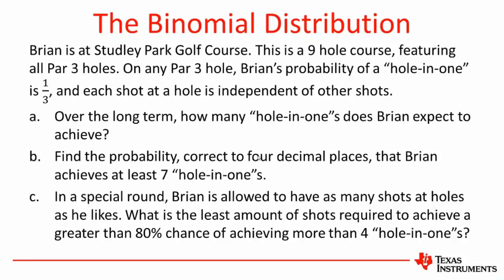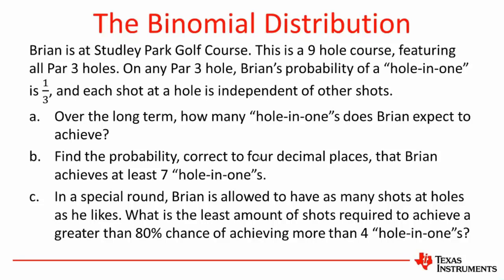So if all the holes are par 3, we can assume, in a first-order approximation, that the probability of a particular success on any of those holes would be equally likely. So taking those assumptions forward, I've said that on any par 3 hole, Brian's probability of getting a hole-in-one is 1/3, and that each shot at a hole is independent of the other shots. So that's the setup that we've got going.